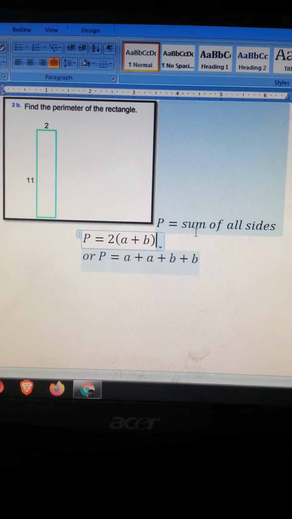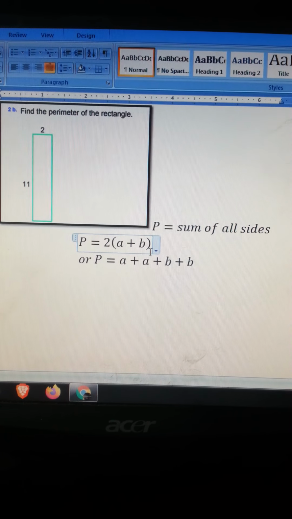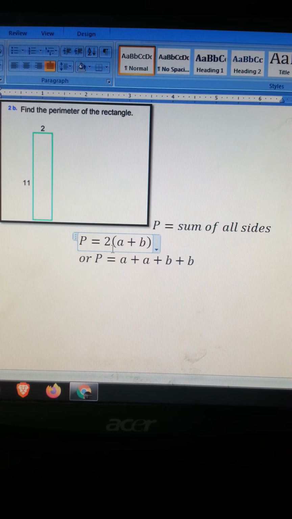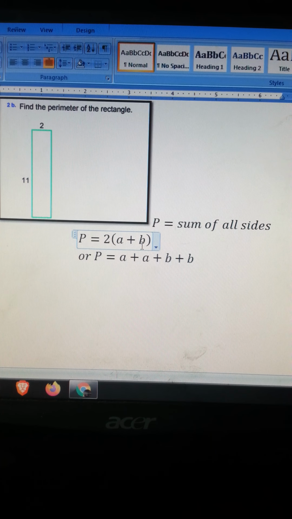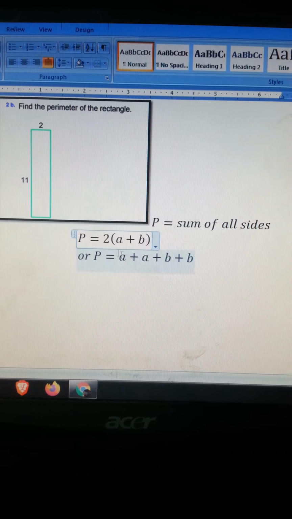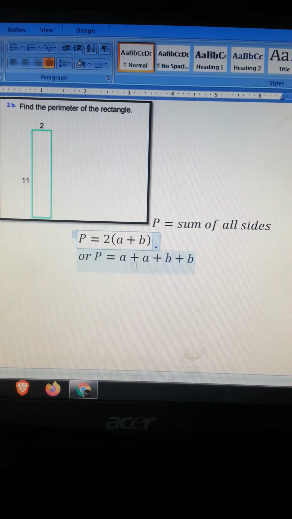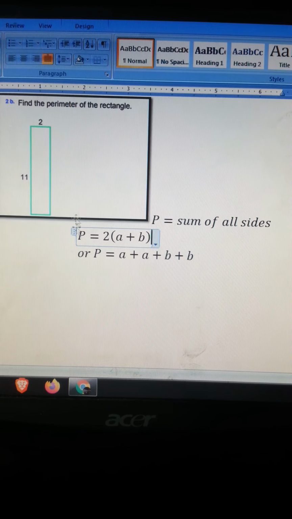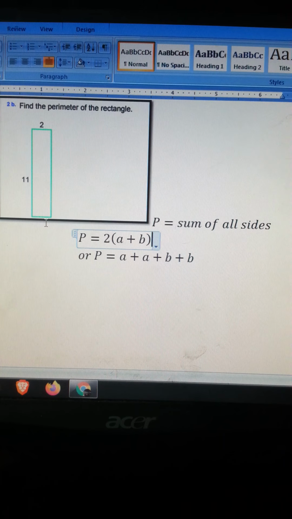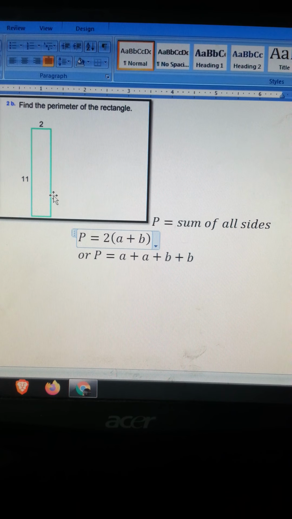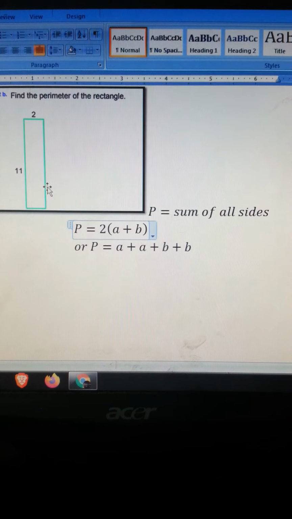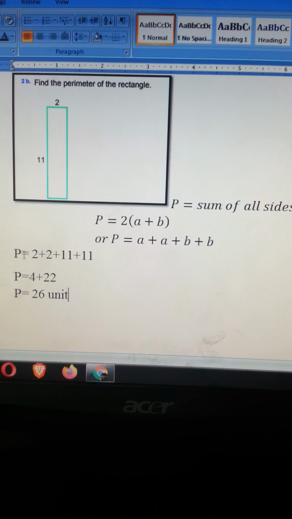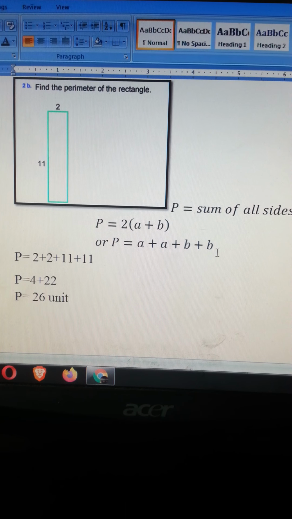Then you can write it in the symbolic form like this, twice of that, which means 2 is being multiplied over here, right? So a plus b are the sides. Or you can write it simply as a plus a plus b plus b, because we have to cover all the sides, right? So we are just going to add up these opposite sides together to get the perimeter of this rectangular shape.